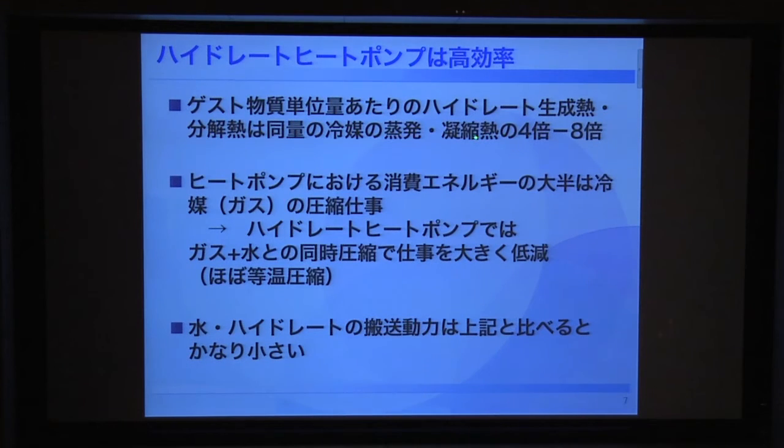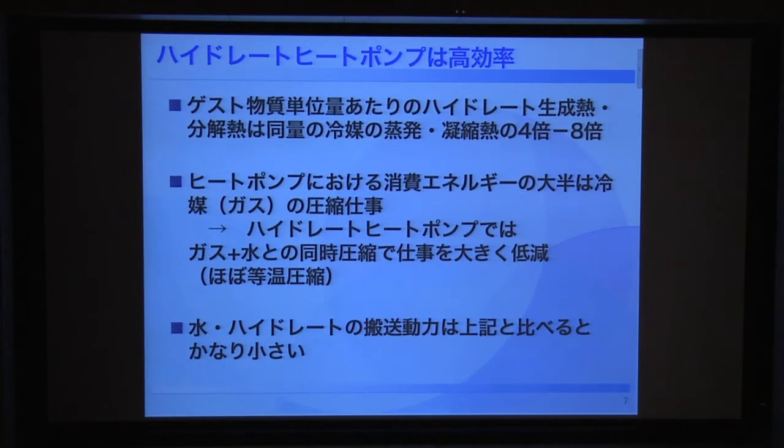So if that propane is used for condensation, it's better to mix it with water to form hydrate to increase the efficiency. So if the compressor power is the same, basically it should be 4 to 8 times more powerful. It's not that simple, the whole story, but that's one aspect.